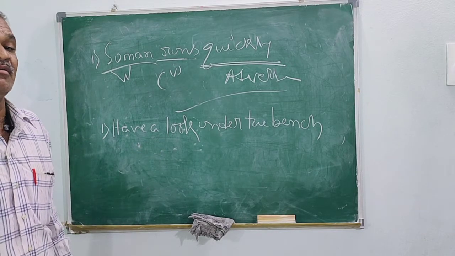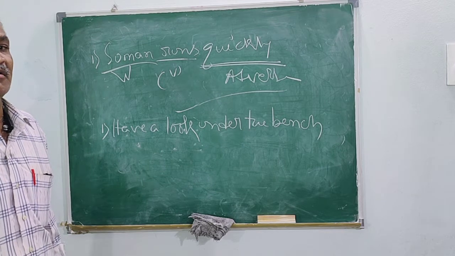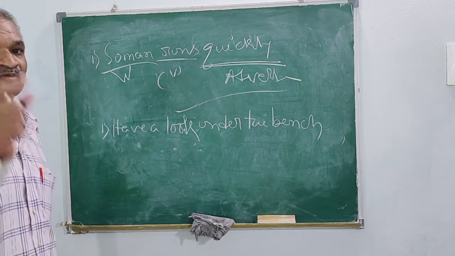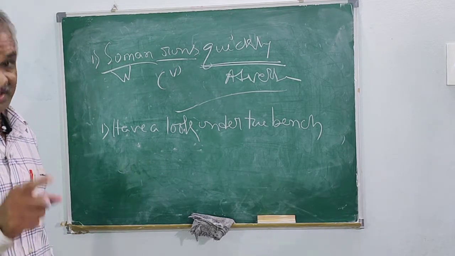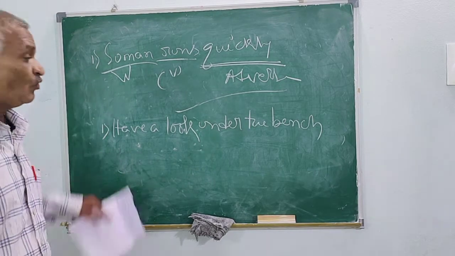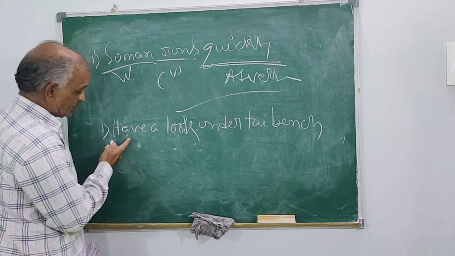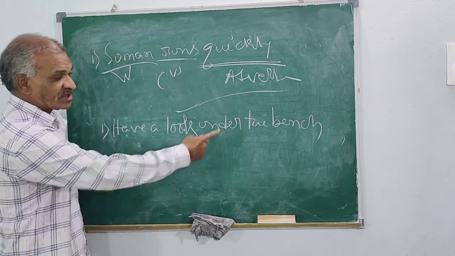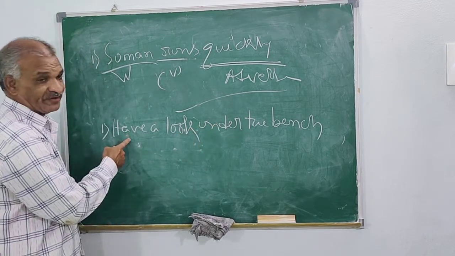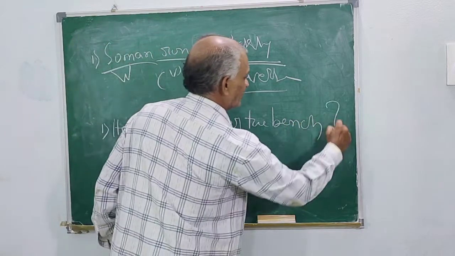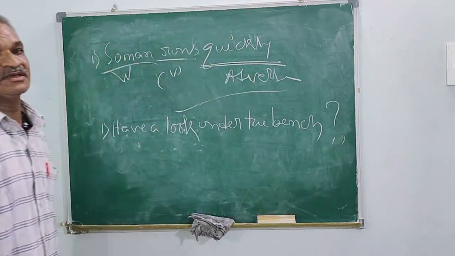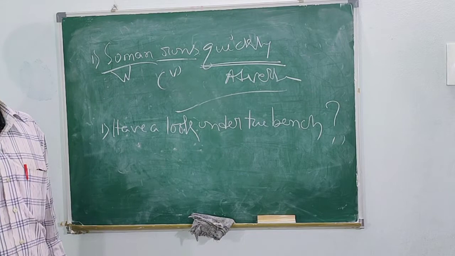Then how is it wrong? You may be having a doubt now. Yes, you must have the doubt. Why is it wrong? Because you started the sentence with a helping verb, so there must be a question mark. Otherwise, the sentence will be wrong.